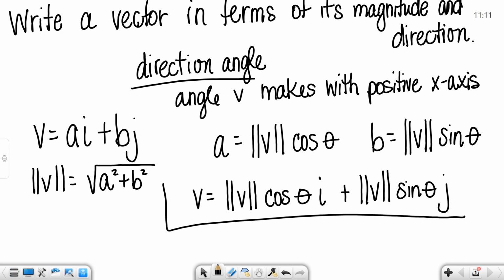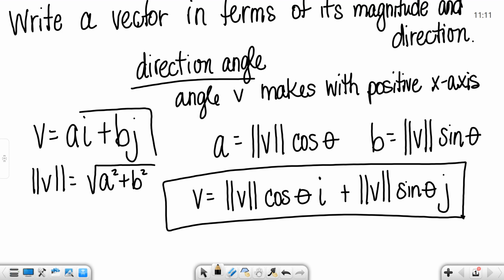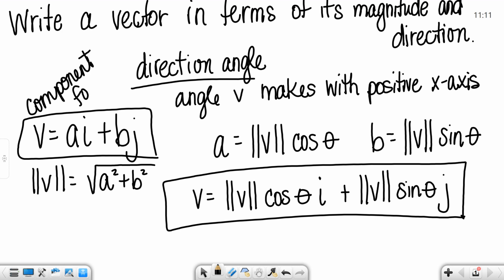So this would be my vector in terms of magnitude and direction. The other one is component form, where we've got our components A and B. And then the one down here at the bottom is our magnitude and direction.